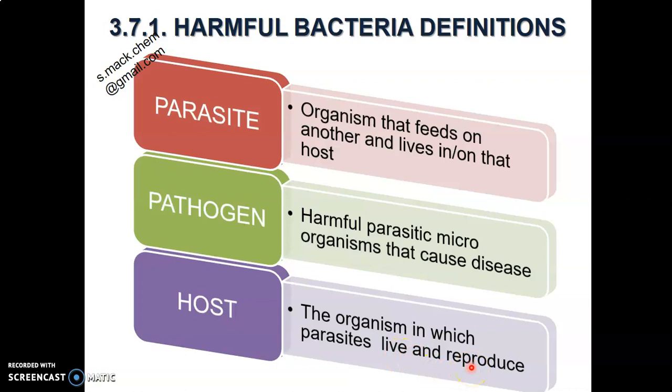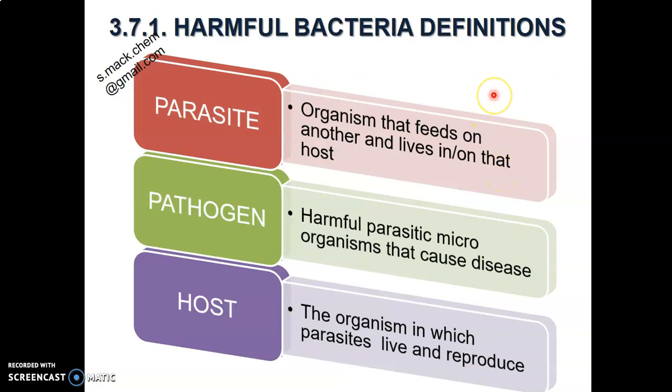Right, so in looking at our definitions, we have a parasite, a pathogen, and a host. So a pathogen is a type of parasite, but not all parasites are pathogens.